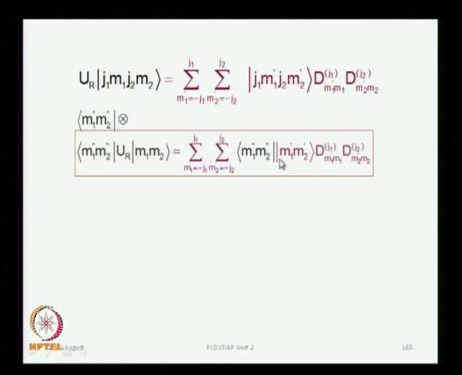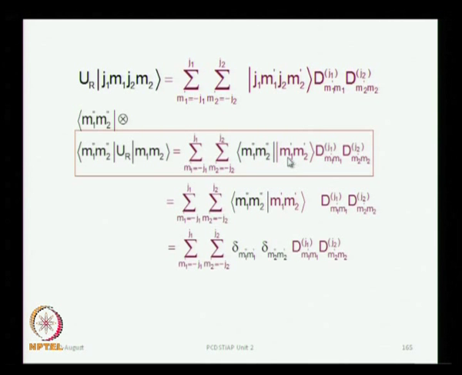You can easily recognize that this is going to give you the Kronecker deltas, because this is coming from an orthonormal basis. Only those terms will survive for which M1 prime is equal to M1 double prime and M2 prime is equal to M2 double prime, and there is a double summation over here. So, you contract the sums, and that really completes the proof.